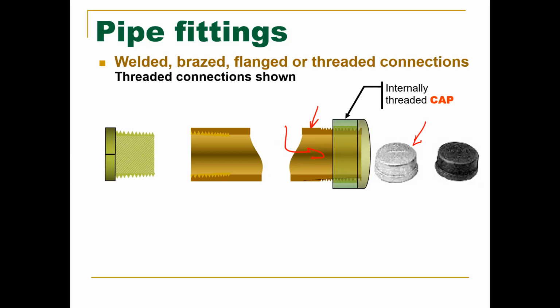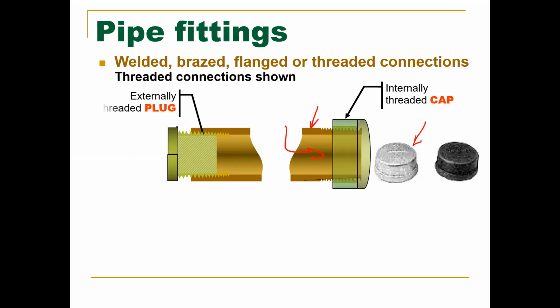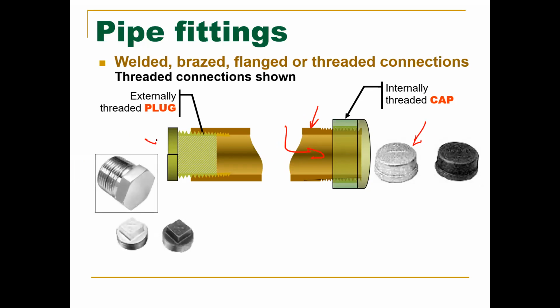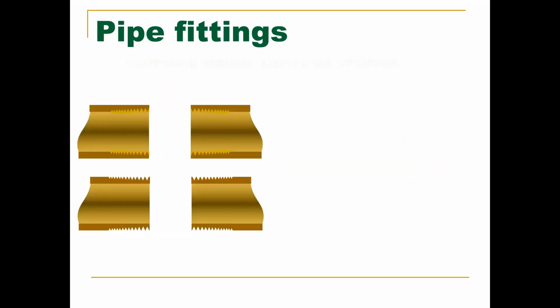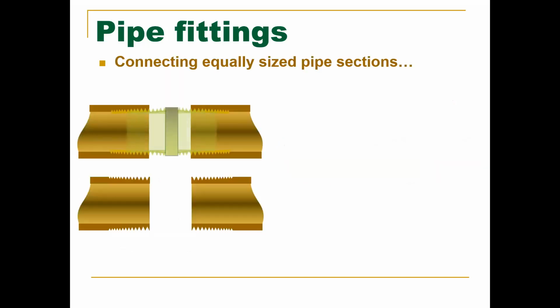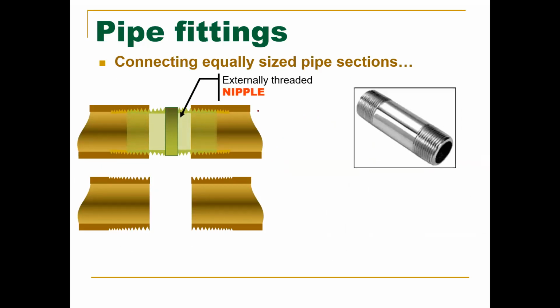All right. And then we have a plug. A plug utilizes external threads to screw into the internal threads of the pipe. If we want to connect equally sized pipe sections, these are called nipples.